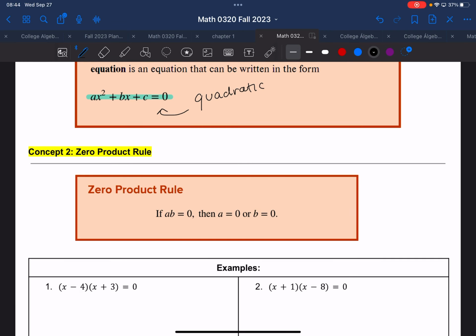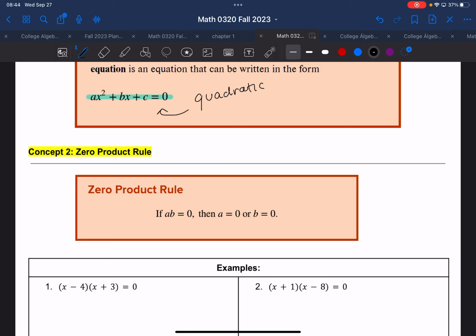Concept 2, the zero product rule. The zero product rule states that if a times b equals 0, then that tells us that either a is 0 or b is 0, which makes sense, right? If you had two numbers that multiply to 0, one of those numbers has to be 0, okay? In this case, the a and the b are going to be our parentheses.